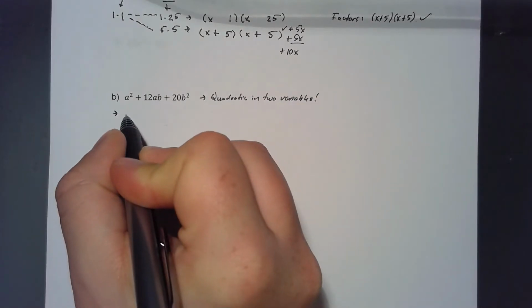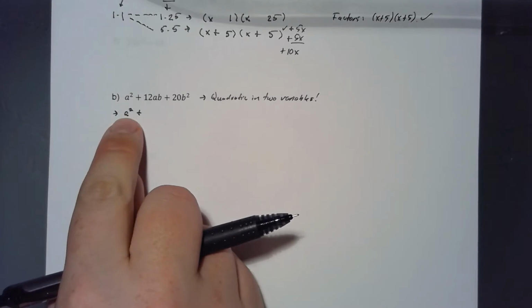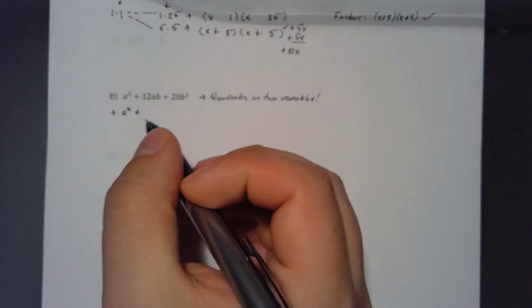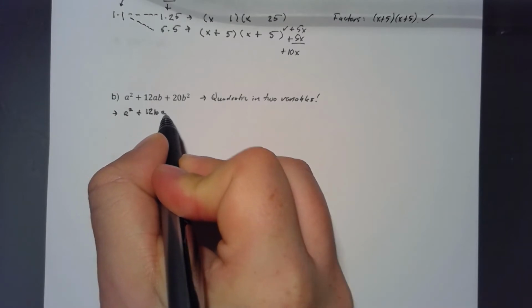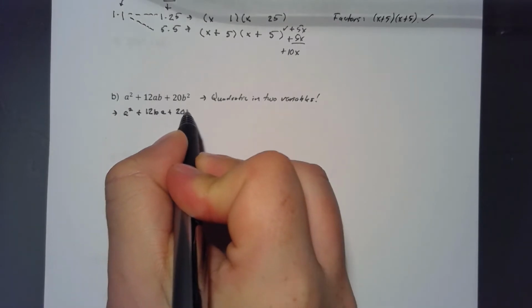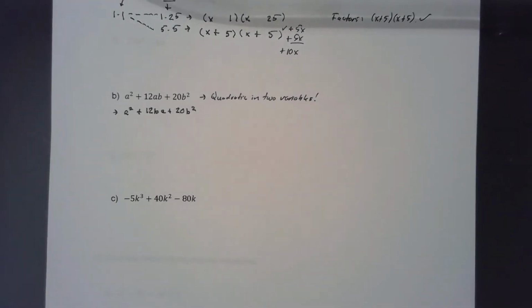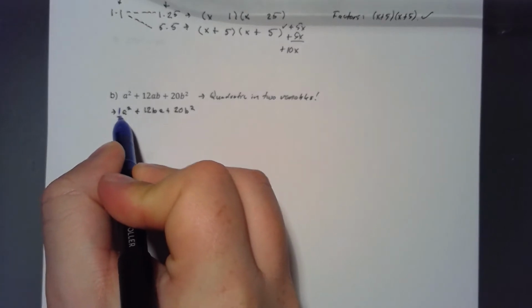So I'm going to rewrite this as a squared plus, so since the variable in this is a, right, the b variable is also part of the coefficient. So I'm going to write the b with the 12. I'm going to write this as 12ba plus 20b squared. So my leading coefficient is 1.